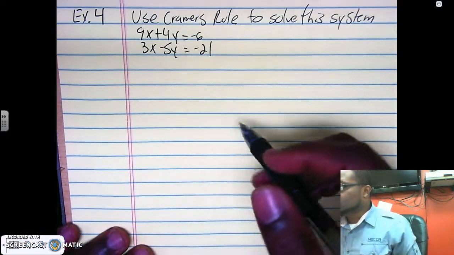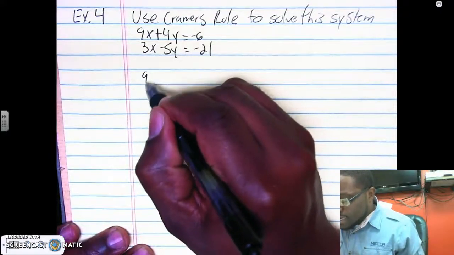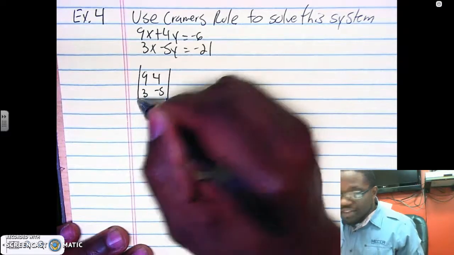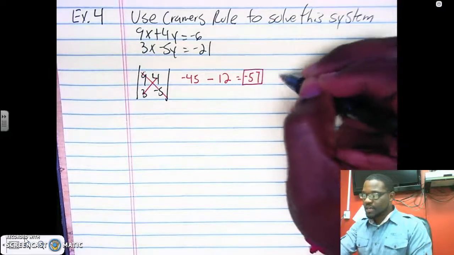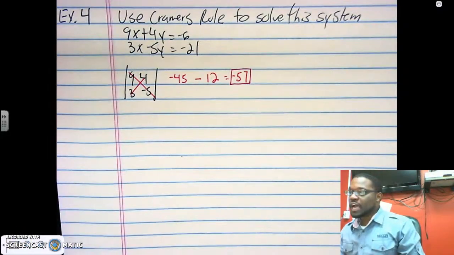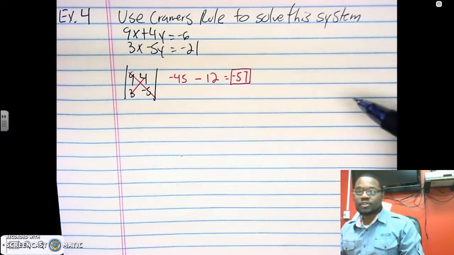The first thing I'm going to do is the coefficient matrix, which is 9, 4, 3, -5, and I have to find the determinant of that. So here is my determinant. Now I have to apply Cramer's rule because the determinant is not 0. So let me set that up and I'll show you how to work that.